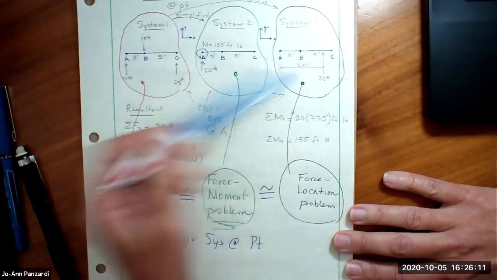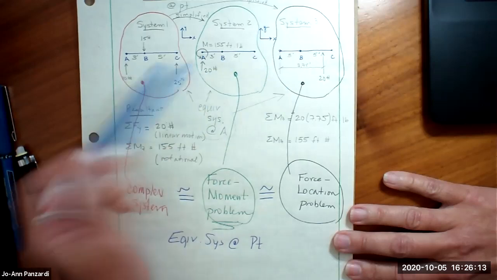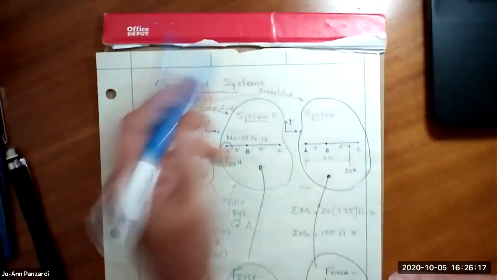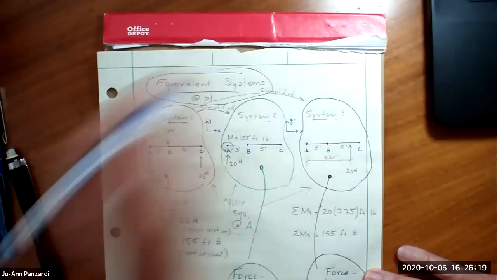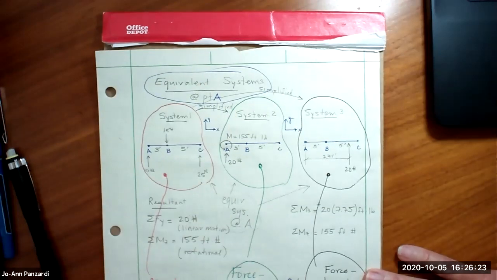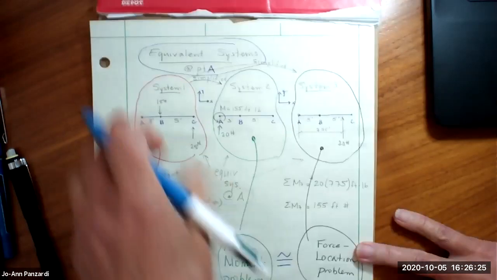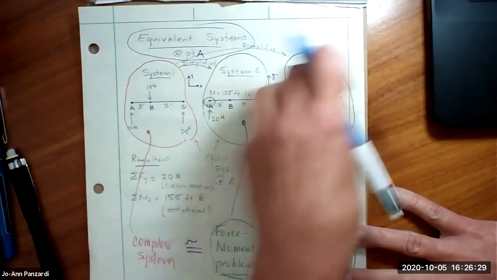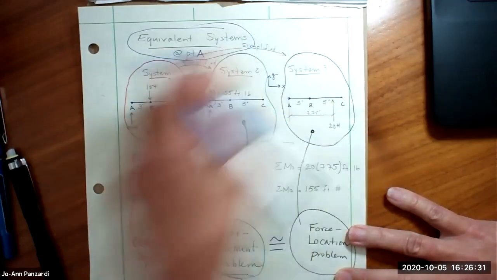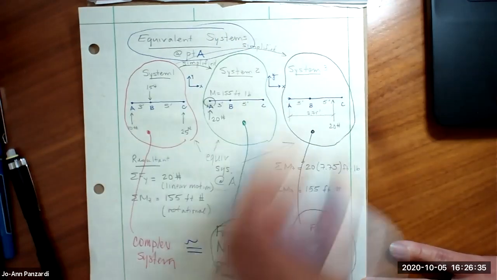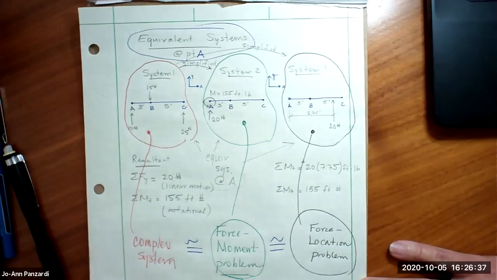System 2 and 3 would not be equivalent to 1. These 3 are equivalent because we're looking for an equivalent system about a certain point, and in this case, it's point A. All right, so again, we're taking a complicated problem and simplifying it to one of 2 different things. One is a force moment problem. The second one is a force location problem.